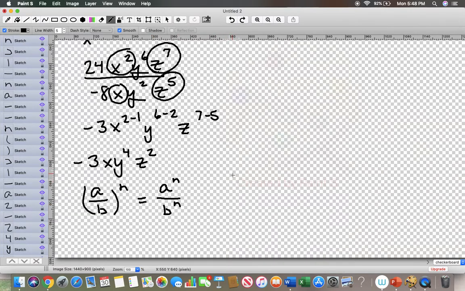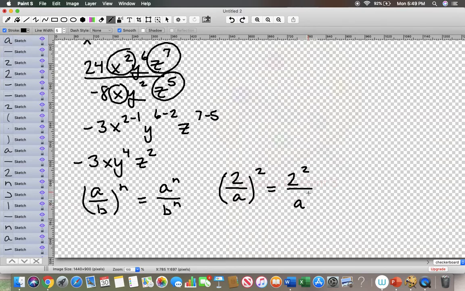So for example, if I have 2 over a squared, that exponent of 2 is going to go to the 2, and it needs to go to the a as well, a power to a power. So 2 squared is 4 all over a squared.